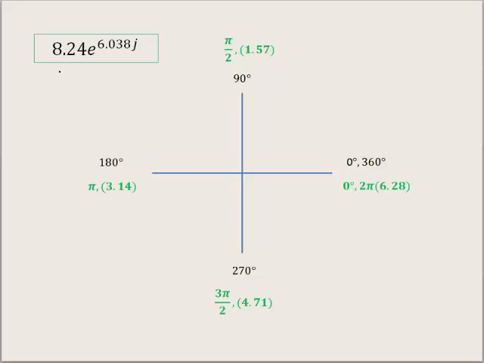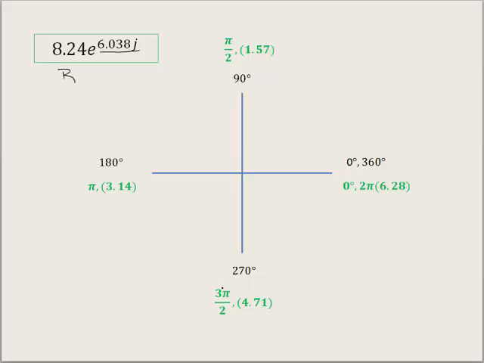Let me get that pen again. That's the r. Now this portion refers to the radian equivalent of the degrees. Okay, so now we're working with the radian equivalent.